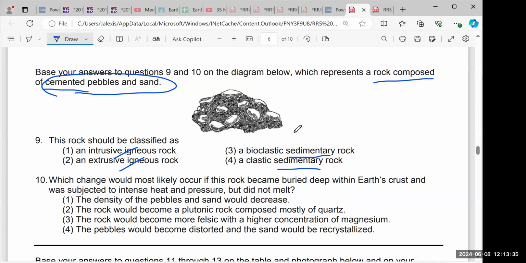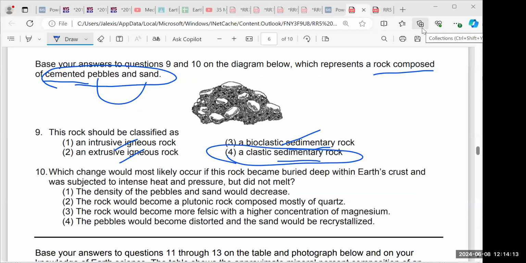Bioclastic rock has to have some sort of organism remains in it. For example, a fossil is a bioclastic rock. If it has plant remains in it, any sort of living organic remains in the rock will make it a bioclastic rock. So the fact that it's just pebbles and sand lets me know that it's choice 4, a clastic sedimentary rock.